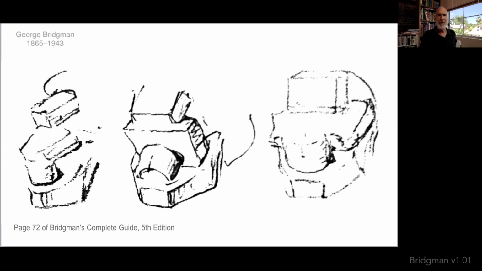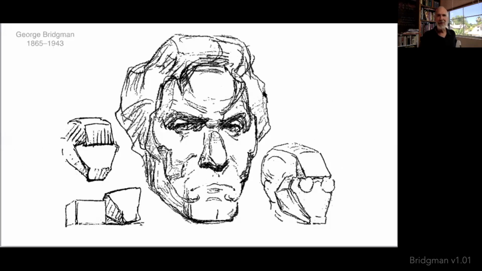Well, these all look pretty mechanical. Isn't this an awesome head? Isn't that a Bridgman head? Now, he's not thinking of a cylinder here, is he? I think he's thinking of something like this.